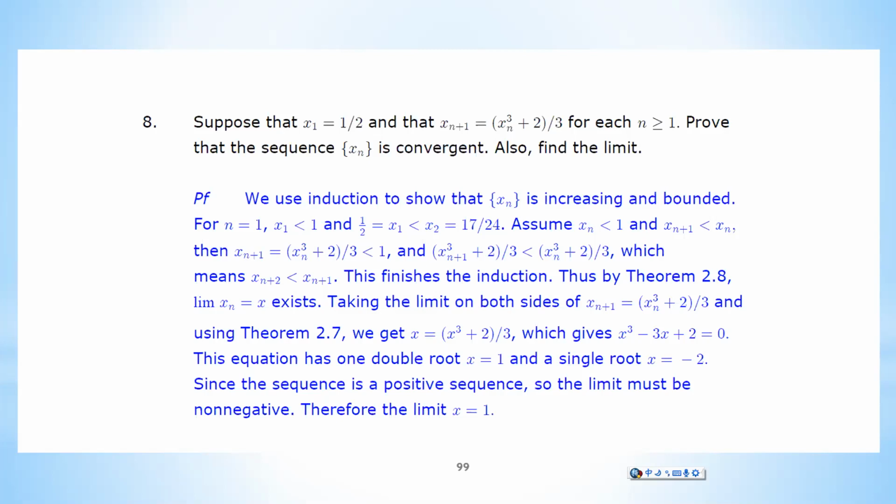So the first thing is you use induction to prove the sequence is a monotonic sequence, for instance an increasing sequence, and also show it is a bounded sequence. Then you can pass the limit on both sides. Normally you get an equation, and then solving this equation, you can find the limit. So that's number 8.